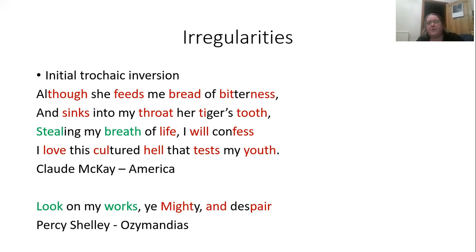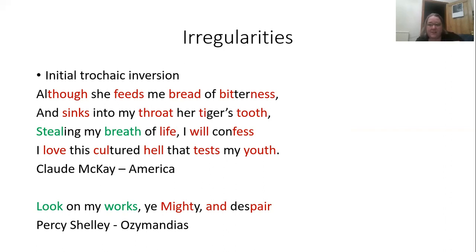I've given another example of an initial trochaic inversion here to show that there isn't one single answer for any type of irregularity. You'll be familiar with the poem Ozymandias, I'm sure, by Percy Shelley, and this particularly famous line, "Look on my works, ye mighty, and despair." Again, we have an iambic meter occurring generally within the poem and within this line. 4 of the 5 feet have an iambic stress pattern: my works, ye mighty, and despair.